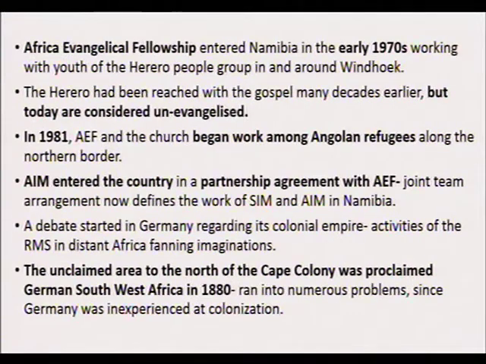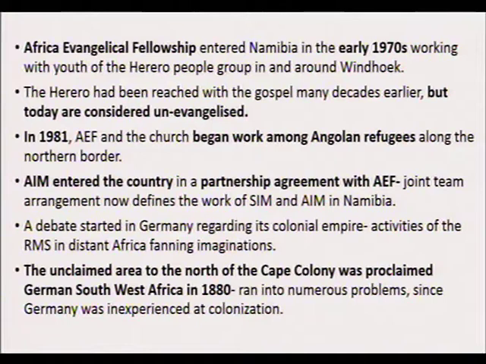Now, if we look at the Africa Evangelical Fellowship, who entered Namibia in the early 1970s, they came to work with the Herero people in and around Windhoek. The Herero had been reached with the gospel many decades earlier, but at that stage they were still seen as unevangelized. Then, in 1981, the AEF and the church began to work among the Angolan refugees along the northern border.